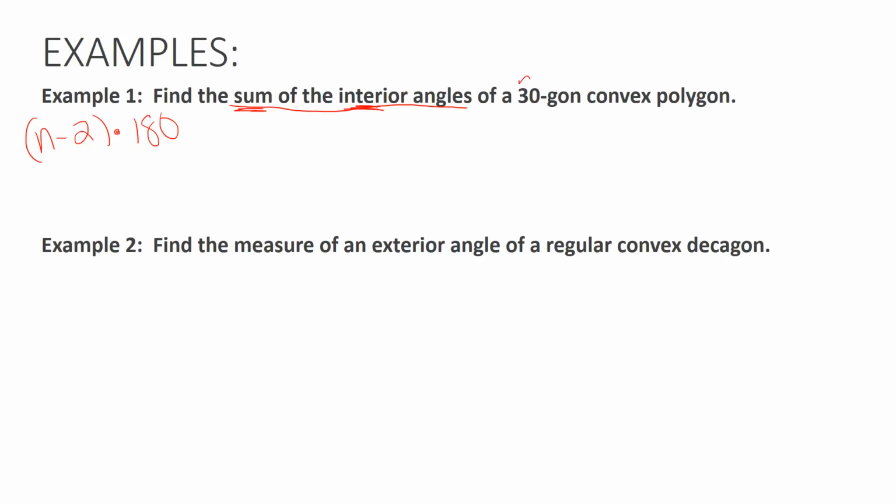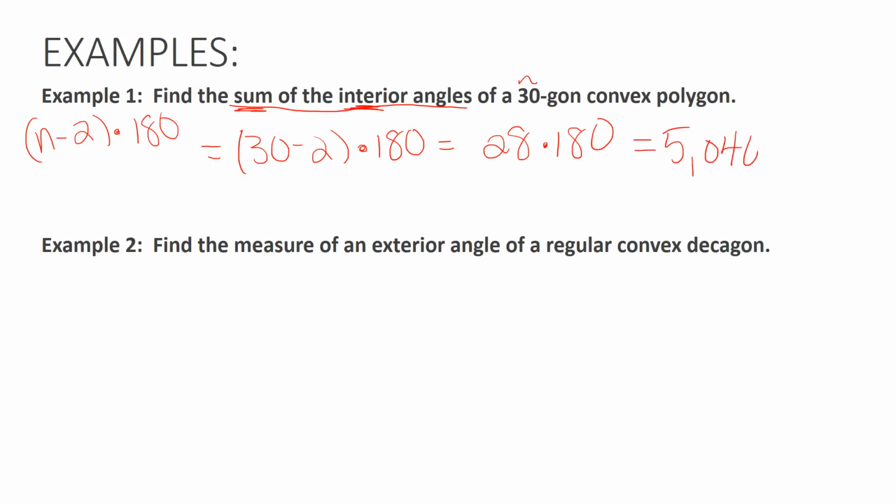So n here is 30, so we're going to say 30 minus 2 times 180. So 30 minus 2 is 28, times 180 is 5,040 degrees, which is the sum of all the interior angles added together in a 30-gon convex polygon.